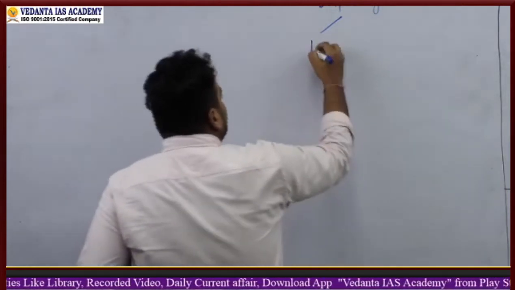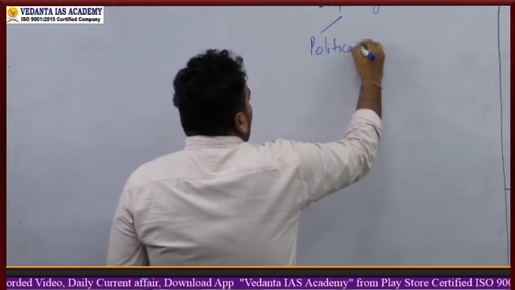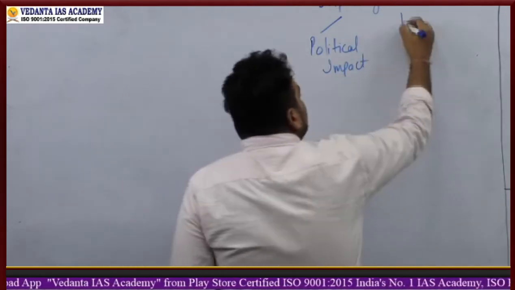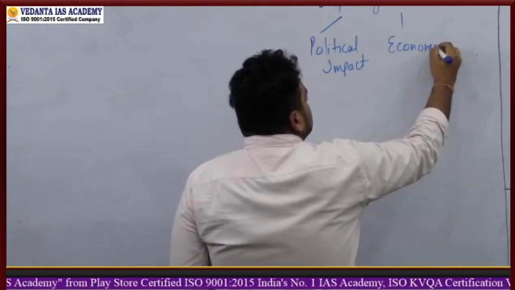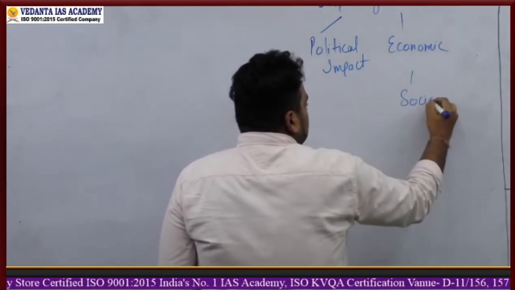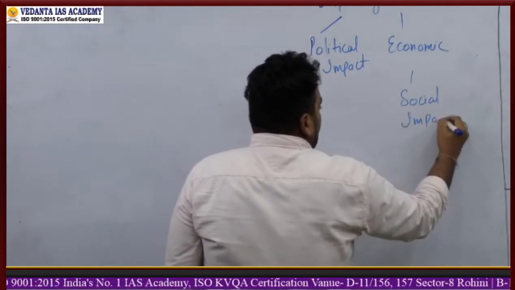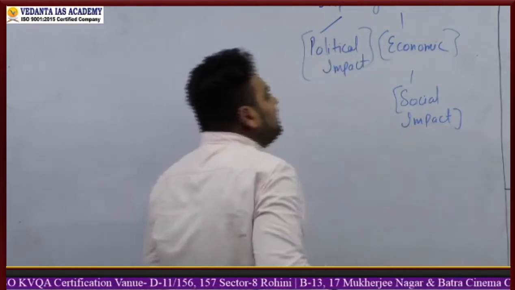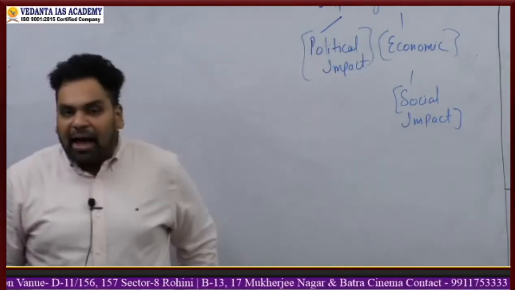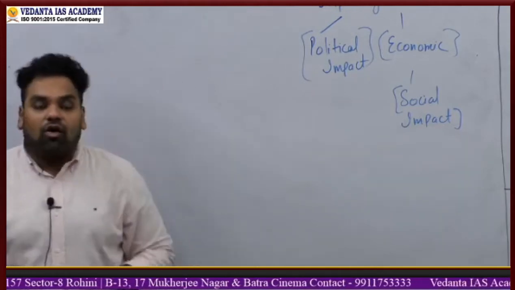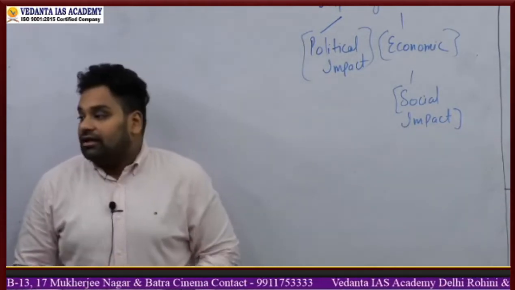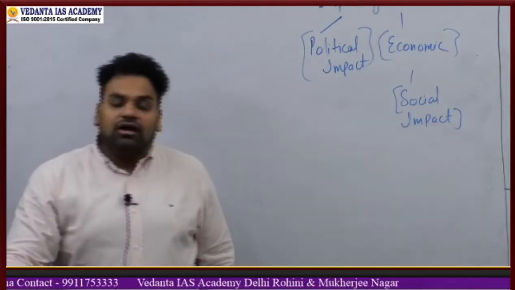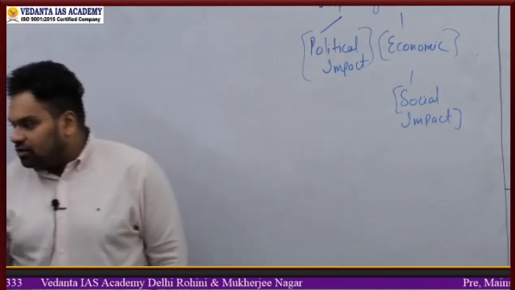First of all, the political impact, then the economic, then the social impact. These are the three spheres in which we need to see the impact of any event on a particular society. That is something which we need to understand when we are talking about the impact, right?